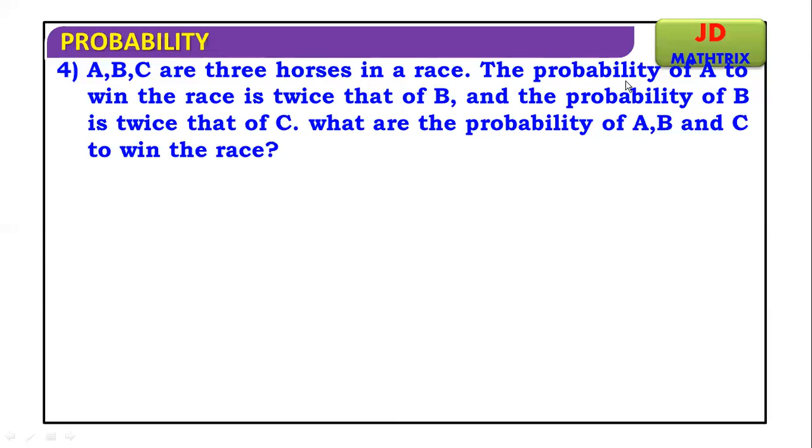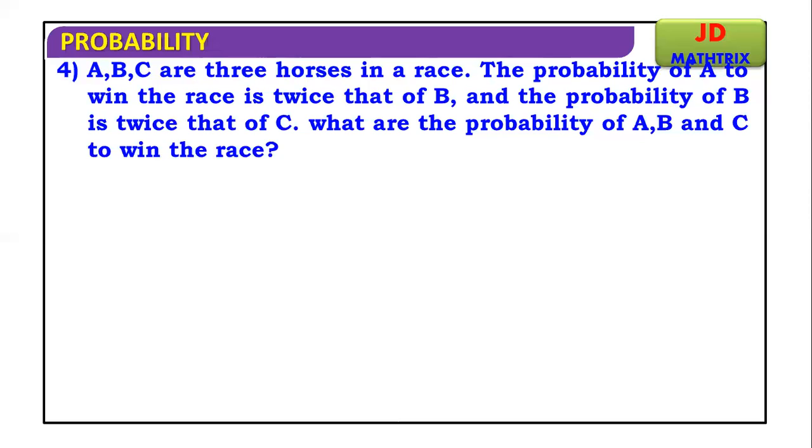The probability of A to win the race is twice that of B, and the probability of B is twice that of C. That means for the horses A, B, C, they are not able to win the race at the same time.